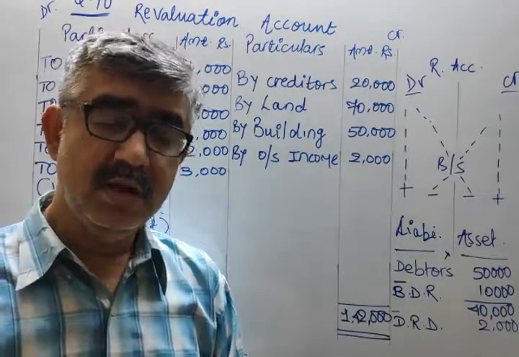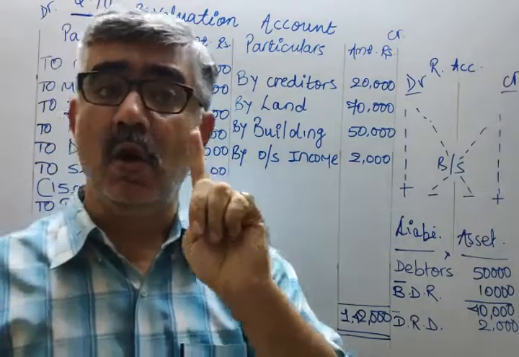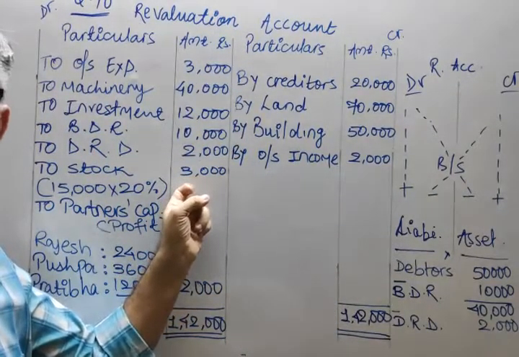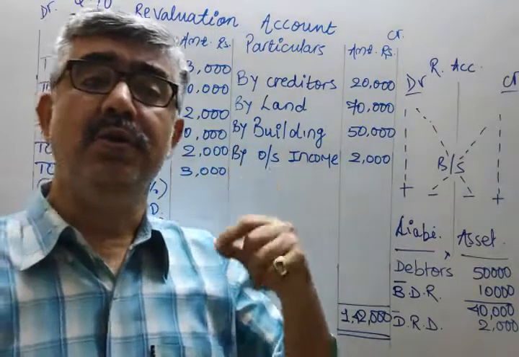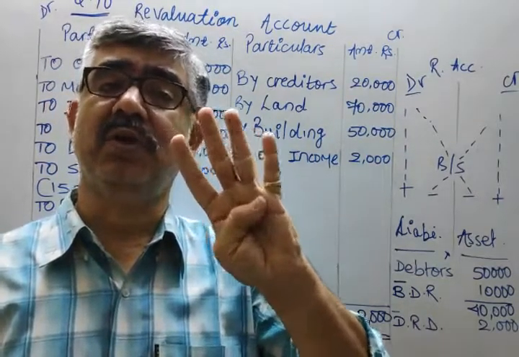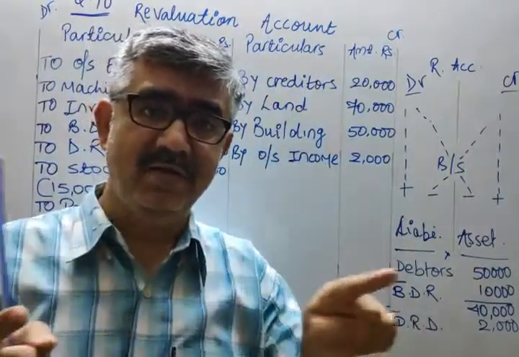Liability side 4,000 less. And on asset side, instead of deducting 3,000, you reduced 7,000. So asset side 4,000 less. Overall balance sheet will get tallied.